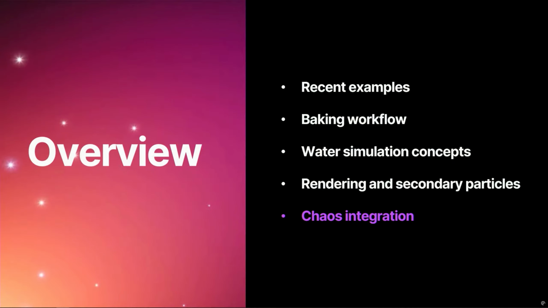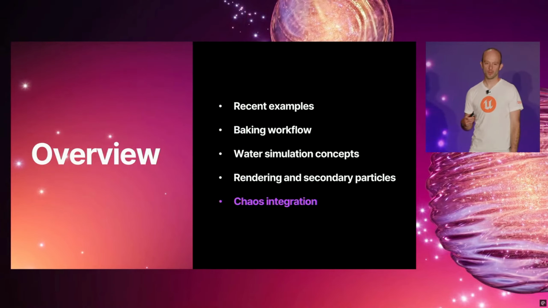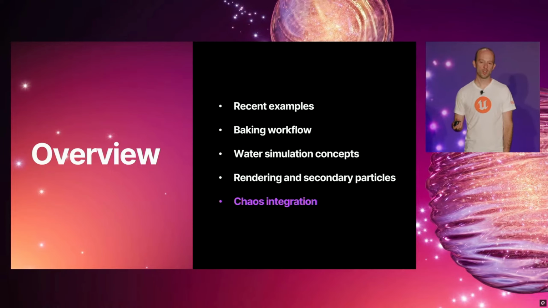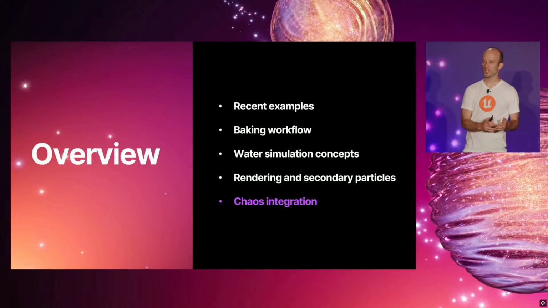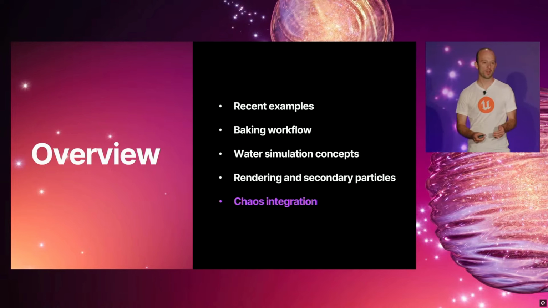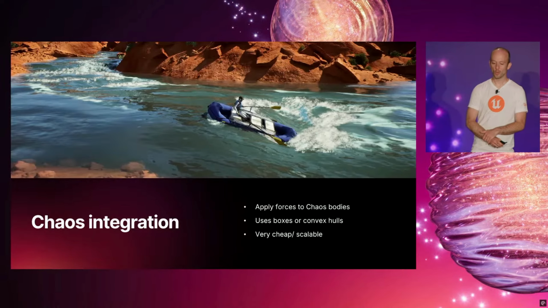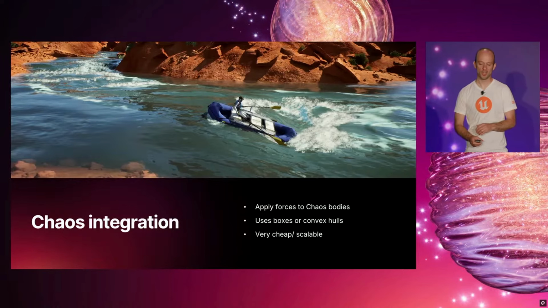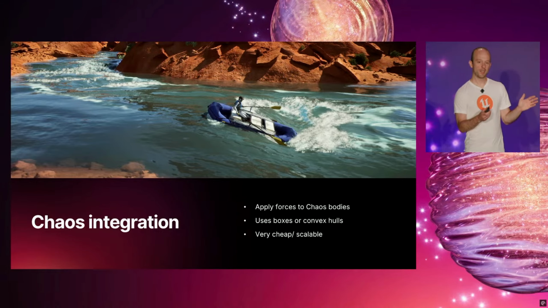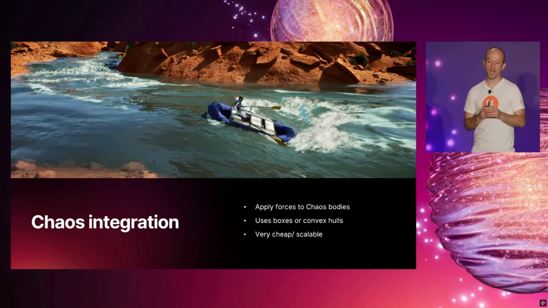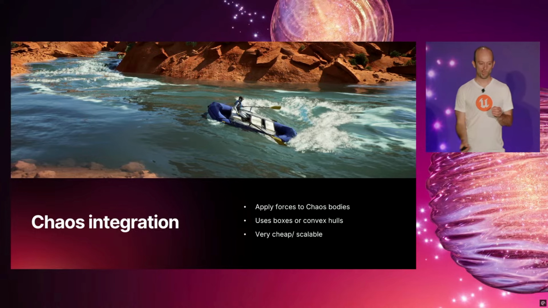All right, so in the final part of this talk, we're going to go through chaos integration. This is something that was not used on the Witcher 4 demo, and is something that we've been working on for a separate demo. So the chaos integration is using that baked fluid surface and the velocities to drive rigid bodies.